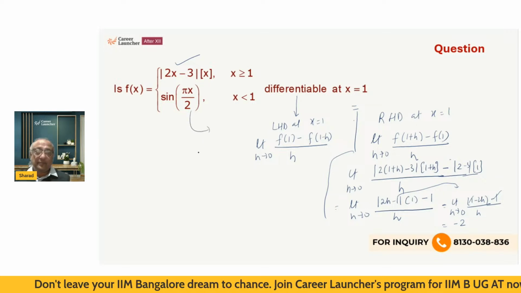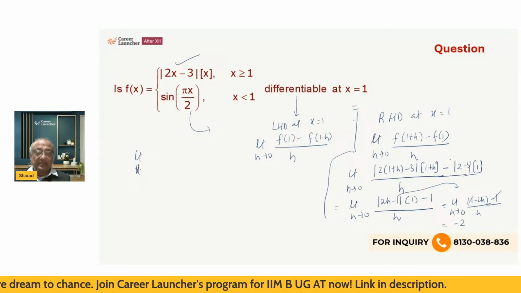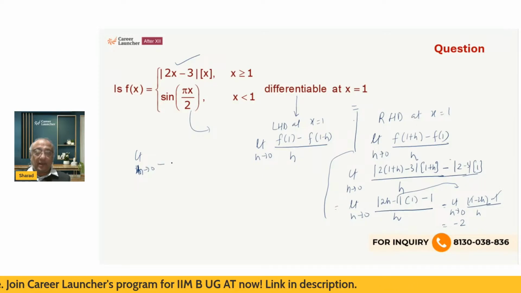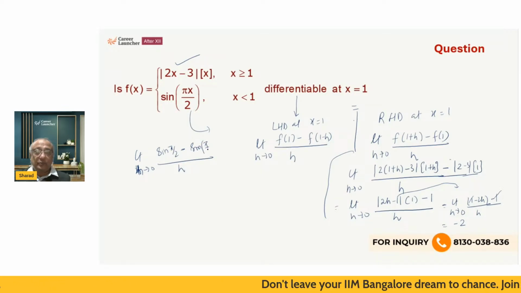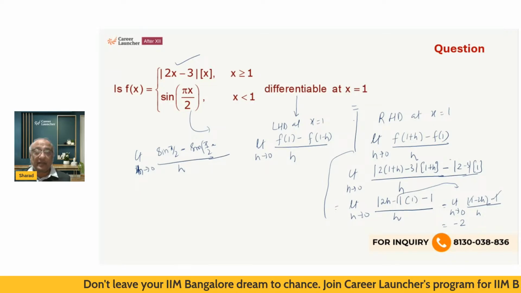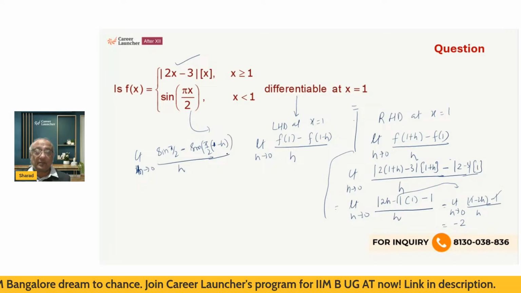So if I have to compute the left hand derivative, we have a minute left, let me do it for you. Limit h tends to 0, upon h. f of 1 is sine pi by 2, that is 1, minus sine pi by 2 into 1 minus h. The mistake you can make is to write pi by 2 minus h. Don't do that. It is pi by 2 into 1 minus h, that is what the question is.